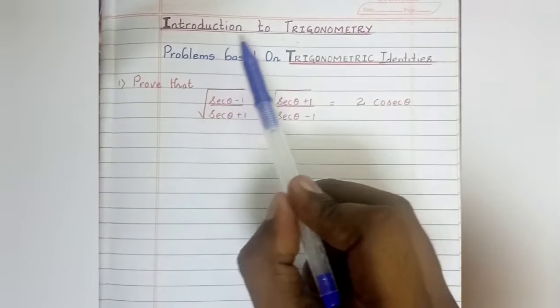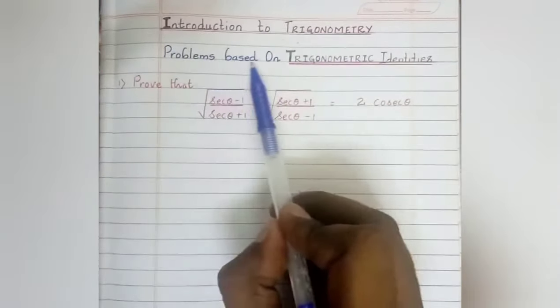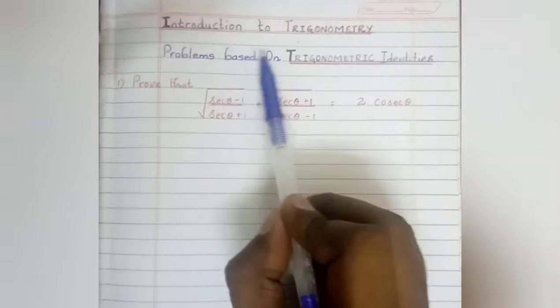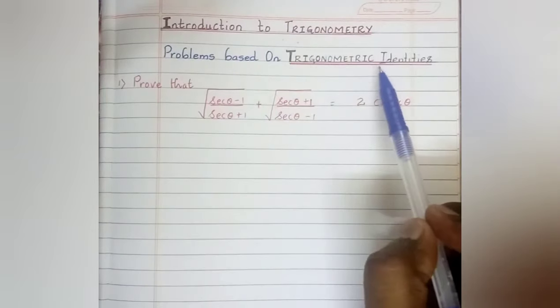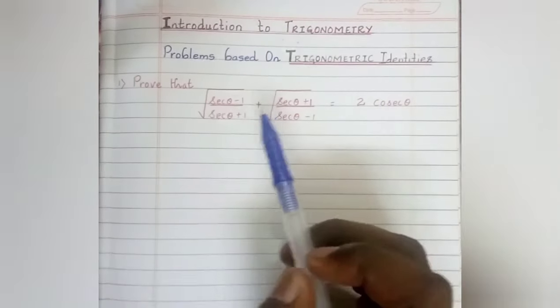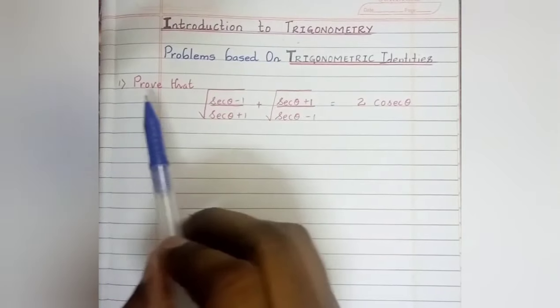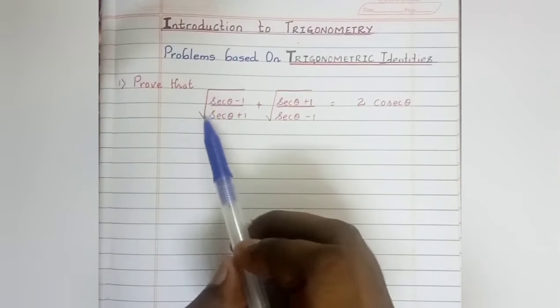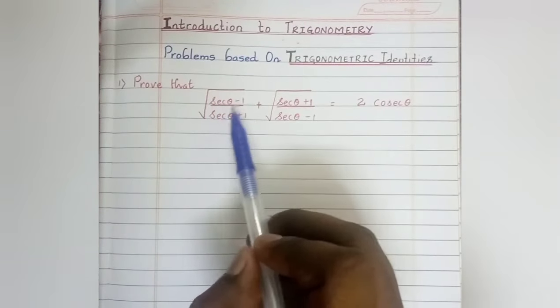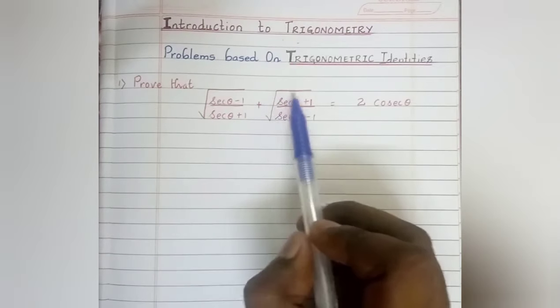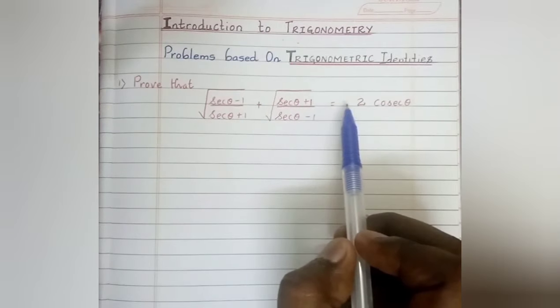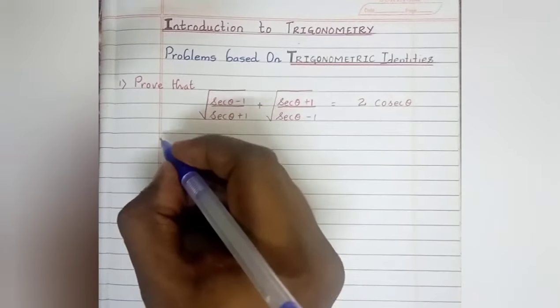Hello students, in the chapter Introduction to Trigonometry we will solve problems based on trigonometric identities. We'll solve similar type two questions. First question, prove that root of secant theta minus 1 divided by secant theta plus 1 plus root of secant theta plus 1 divided by secant theta minus 1 equals 2 cos theta.